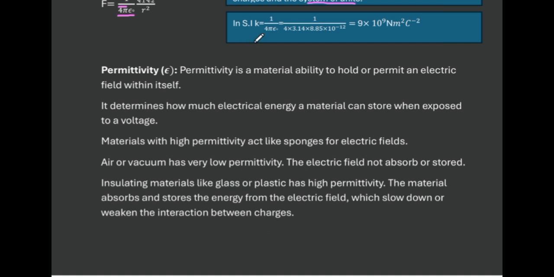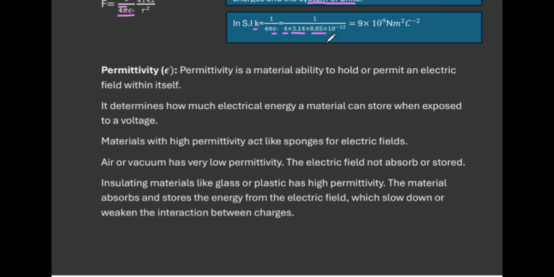In the International System, the value of the Coulombic constant k for vacuum, 1 divided by 4 pi epsilon naught, is equal to 1 divided by 4 times pi, which is 3.14, times the permittivity of free space, which is 8.85 multiplied by 10 to the power minus 12.